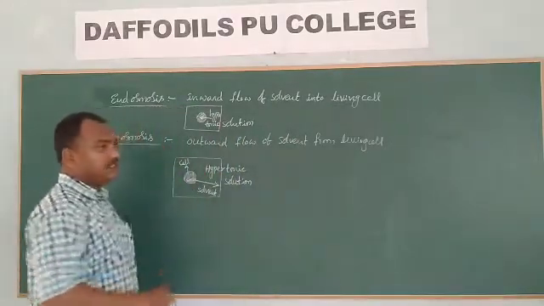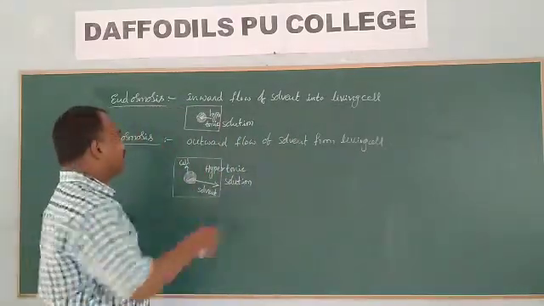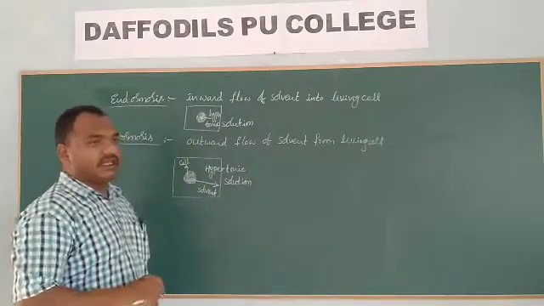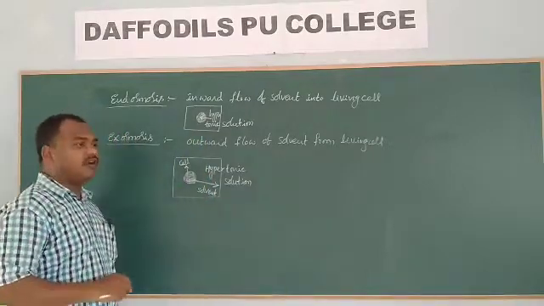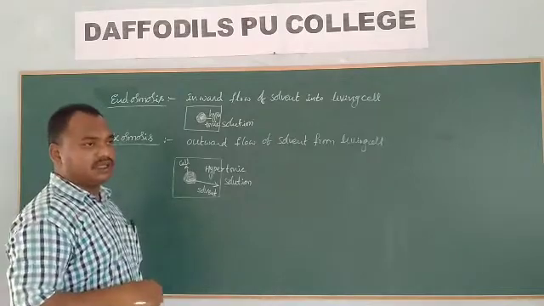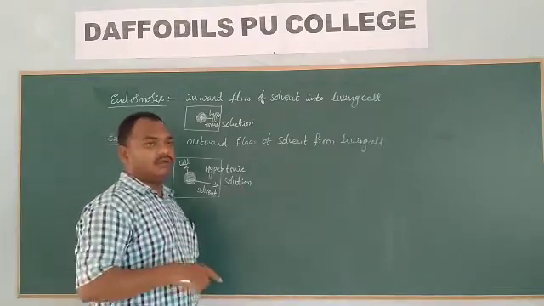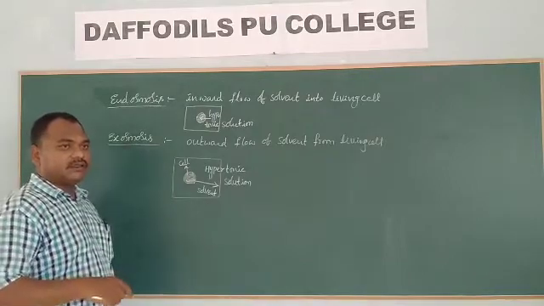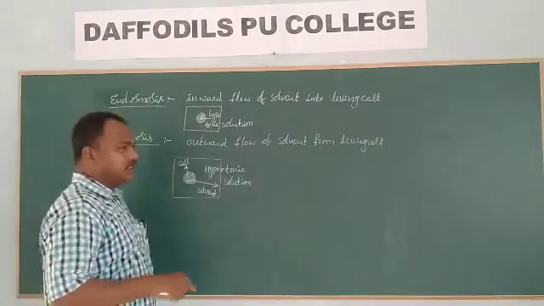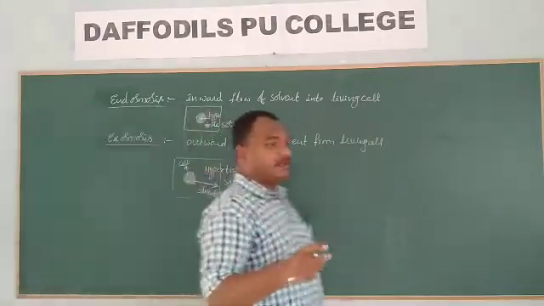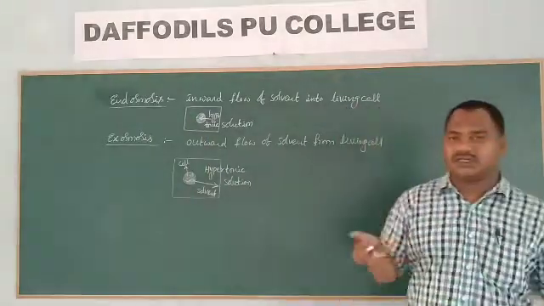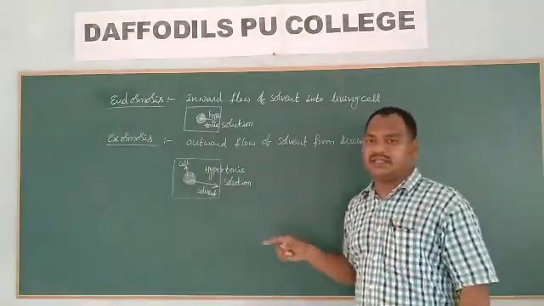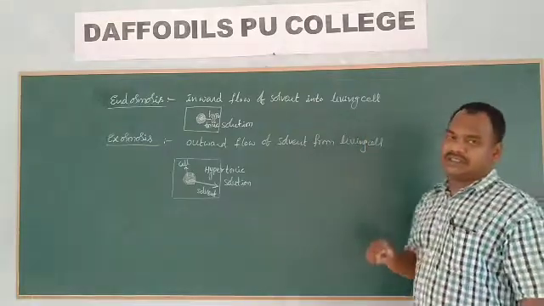Endosmosis. For this example, when an egg is placed in water, the water molecules slowly enter into the egg, so that the egg is going to burst after some time. For this, you have to remove the outer shell of the egg by placing the egg in dilute acid.